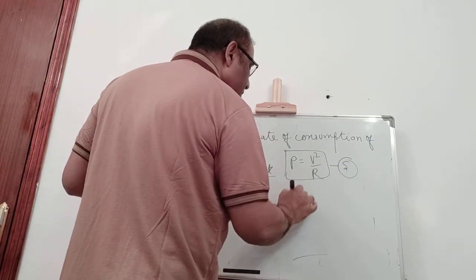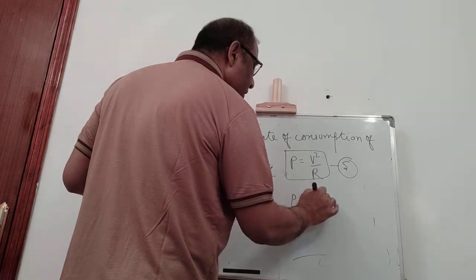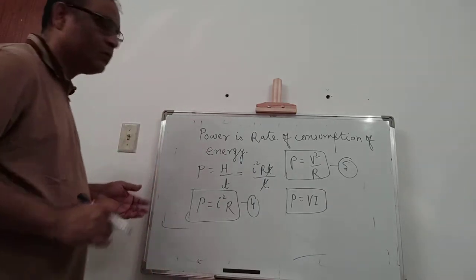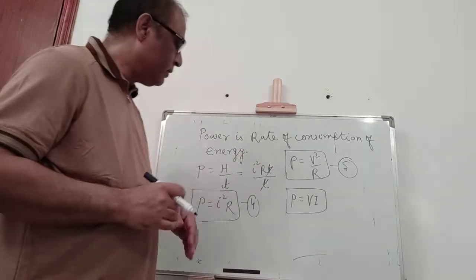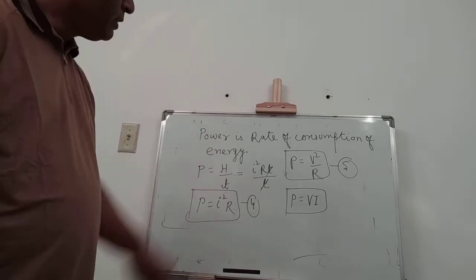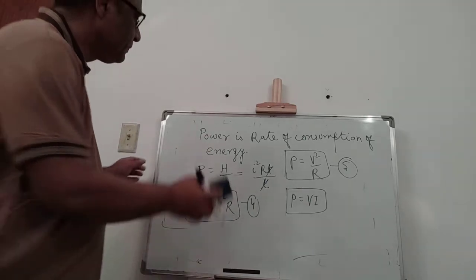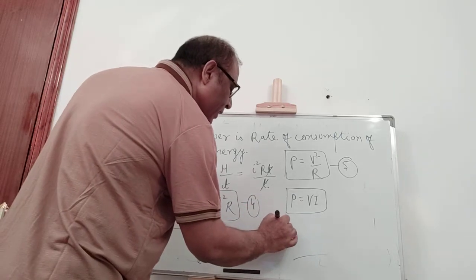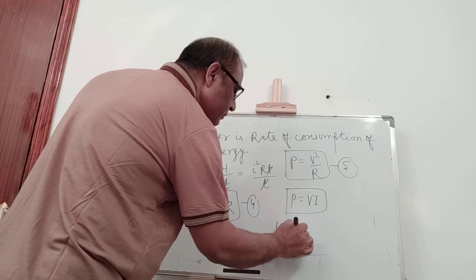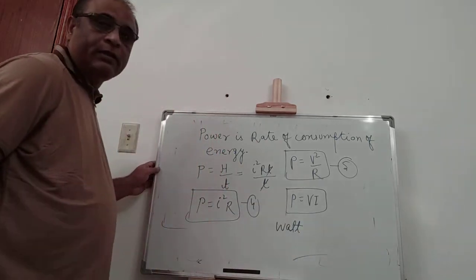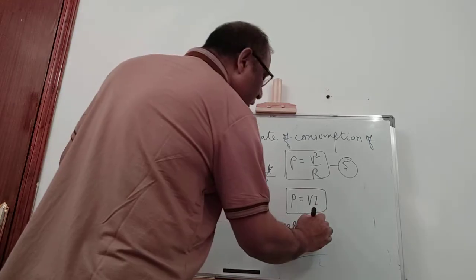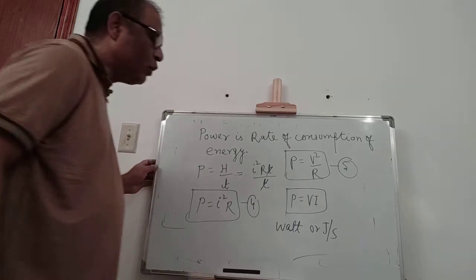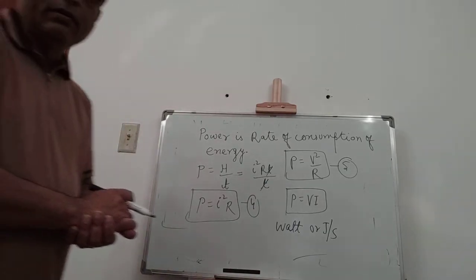And similarly, power is equal to V I. The SI unit of power is watt, also known as joule per second.